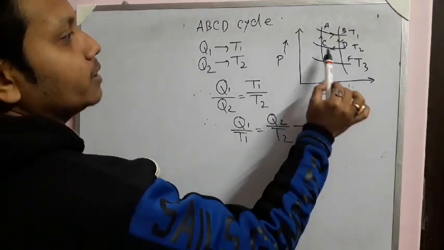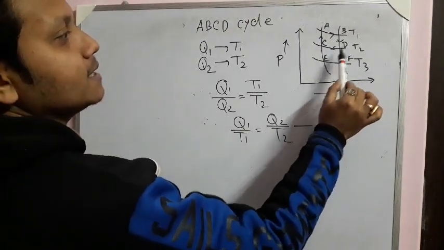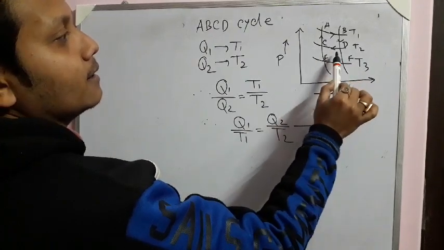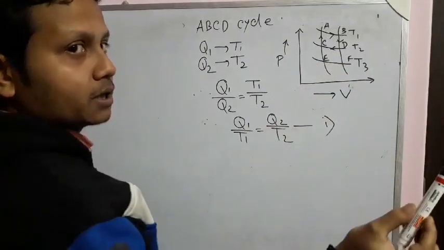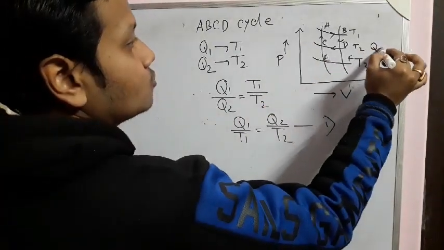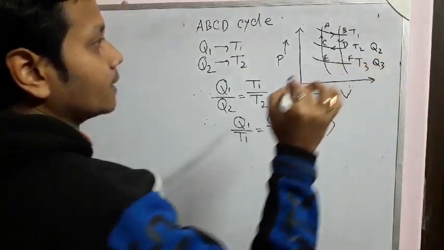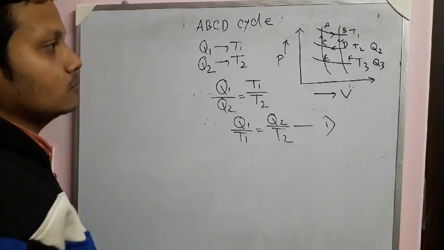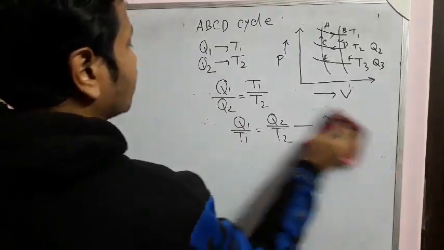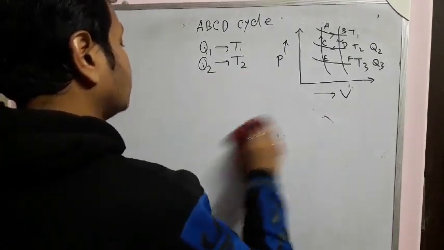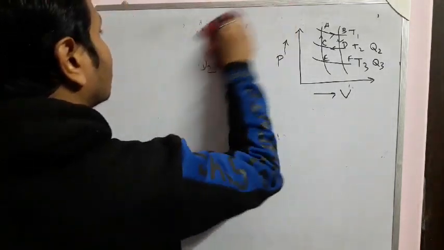Now if we take the second cycle C, D, E, F, then this cycle absorbs that amount of heat which was rejected by the previous one. That is, it absorbs heat Q2 and rejects heat Q3. So the second one absorbs the amount of heat which was rejected by the previous one.